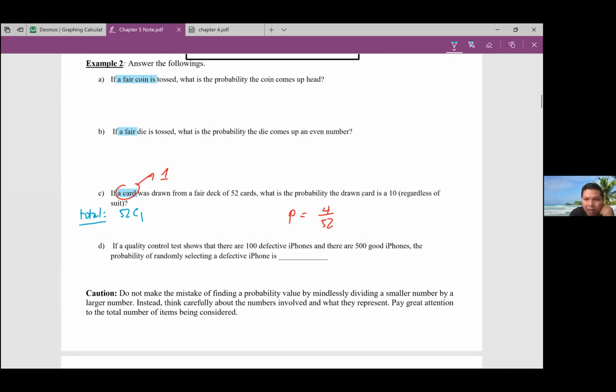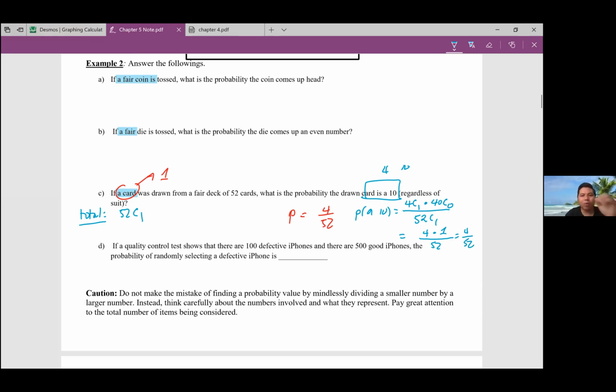And there are 4 tens. So the probability of a 10 will be 4C1 times 40C0 divided by 52C1. 4C1 is 4, 40C0 is 1, and 52C1 is 52. So that's why we got 4 out of 52. That's how we explain it.